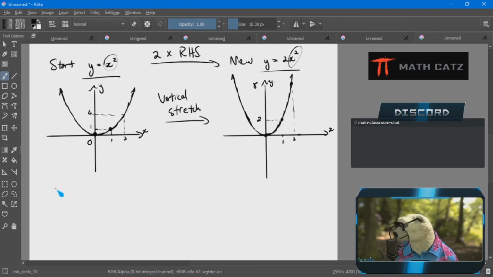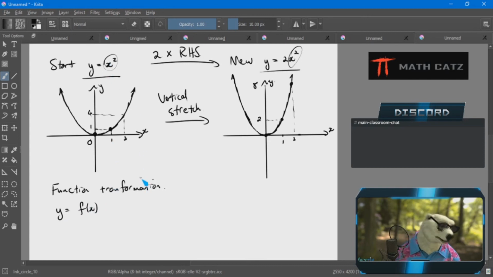So, let's summarize it over here. So if I have a function transformation, that is, let's say I have some function, right? We're not married to this x squared. It could be any function. Who cares?